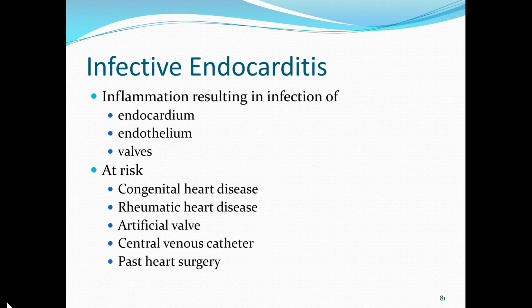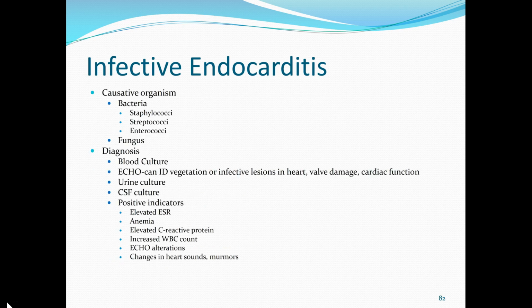So, like we've talked about, congenital heart disease, rheumatic heart disease, if they've got an artificial valve, if they have a central venous catheter, they've had past heart surgeries, all of that puts them at risk for this. So it is, again, uncommon, but it's more common in that population.